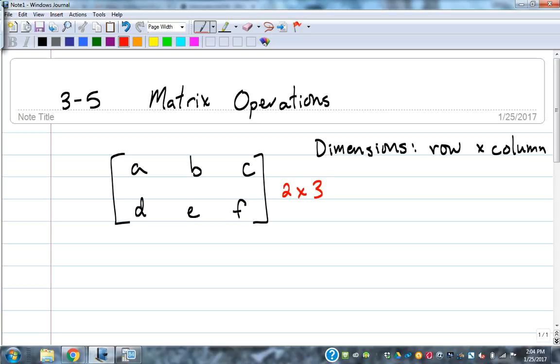That size matters when we do different operations. Knowing the size of the 2 matrices, or 3 or 4 matrices, that you're working with matters for whether we can even do the operation or not, because sometimes you can't. The parts inside are called elements.